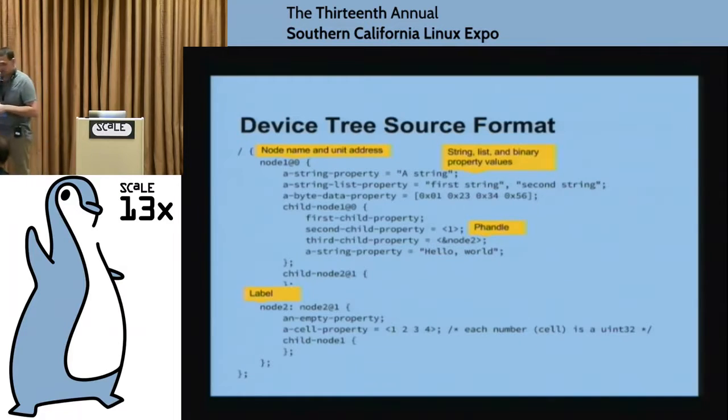So let's look at device tree source format. If we take this very abstract example, these are not always the easiest to follow, but it at least gives you that syntax. I should have a laser pointer, but I like standing up here anyway. So what you'll see is this node, node 1, and then there's a unit address, and that's supposed to be a unique number, typically within a bus or something.